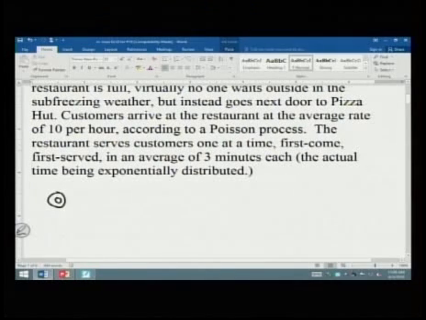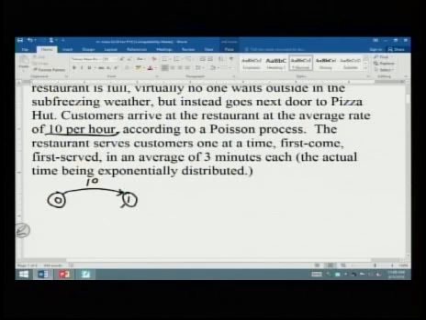So if there are no customers in the Italian restaurant, what is the arrival rate of the customer? It does say the arrival rate is 10 people per hour. Okay, so I'm going to put 10. Okay.